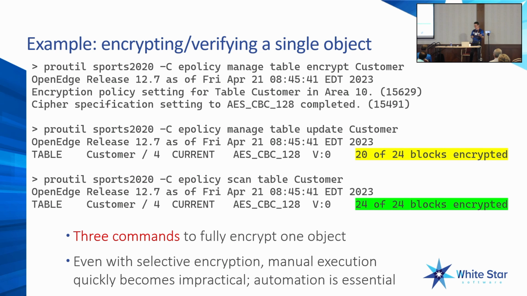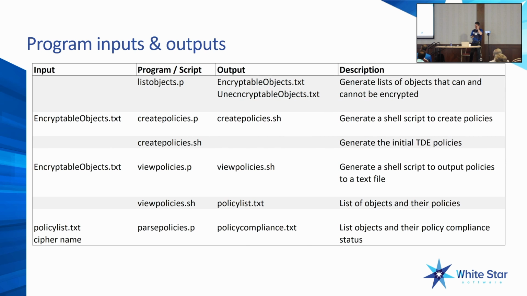I'm going to show a very simple hello world type of workflow. I've got a set of programs that create shell scripts, which you would run, and those produce outputs that you can then scan.